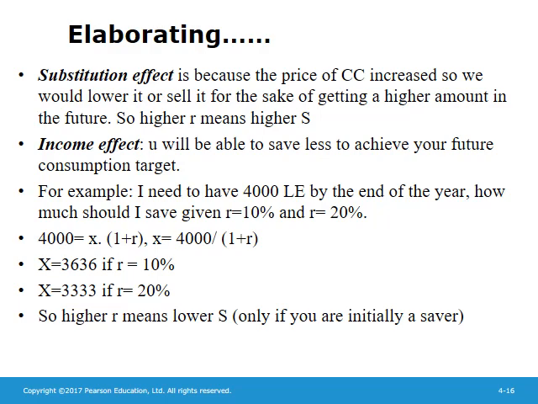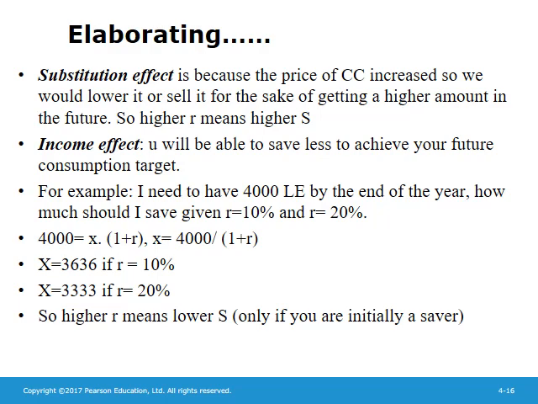If you do this simple calculation, you will discover that when R is 10%, I need to save 3,636, whereas if the R is higher, I need to save less. So when R goes upwards, when the real interest rate increases, I need to save less to achieve the same consumption target in the future, because now I'm richer.